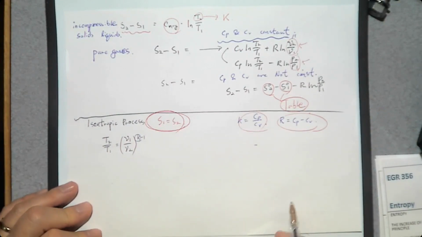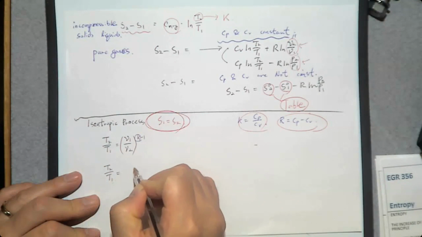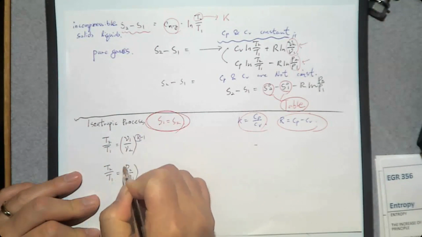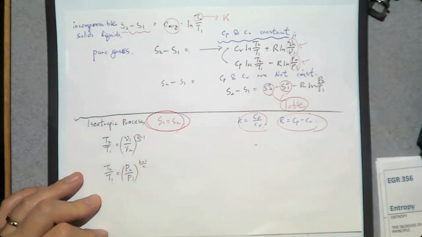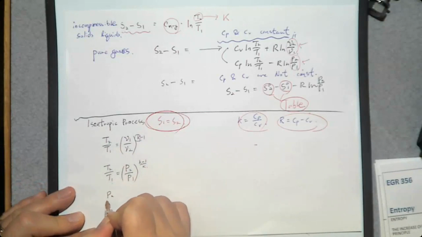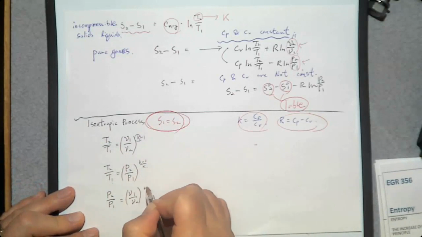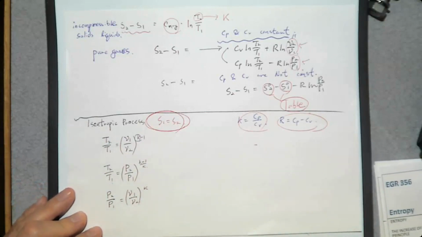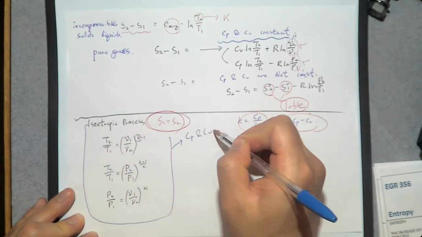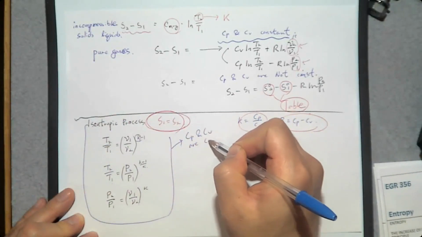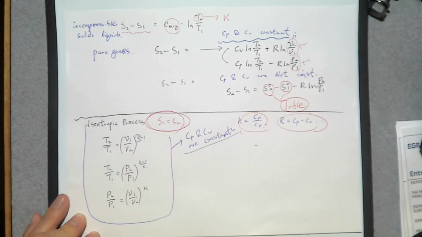The other one is T2 over T1 is P2 over P1 to the power kappa minus 1 over kappa. And the last one is P2 over P1 is V1 over V2 to the power kappa. So these are when we assume specific heats Cp and Cv are constant.